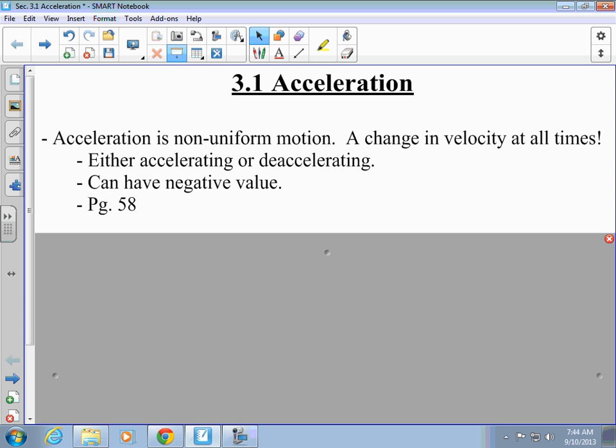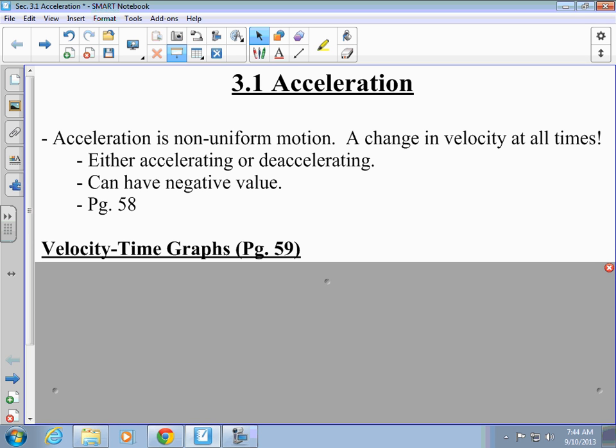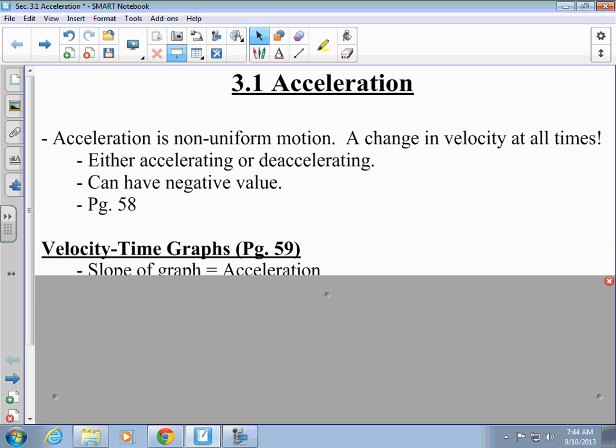So acceleration is a change in velocity. It's non-uniform motion. It's a change in velocity at all times. So we can one-up ourselves. Instead of position-time graphs like we did for velocity, we can have a velocity-time graph, where velocity is on the y-axis and time is on the x-axis.